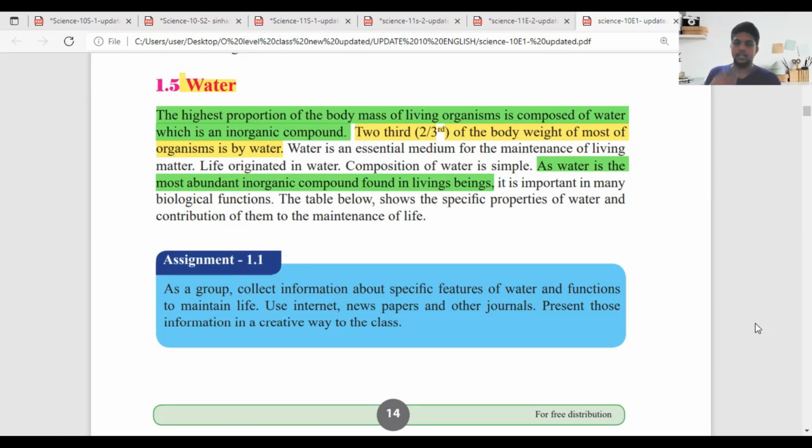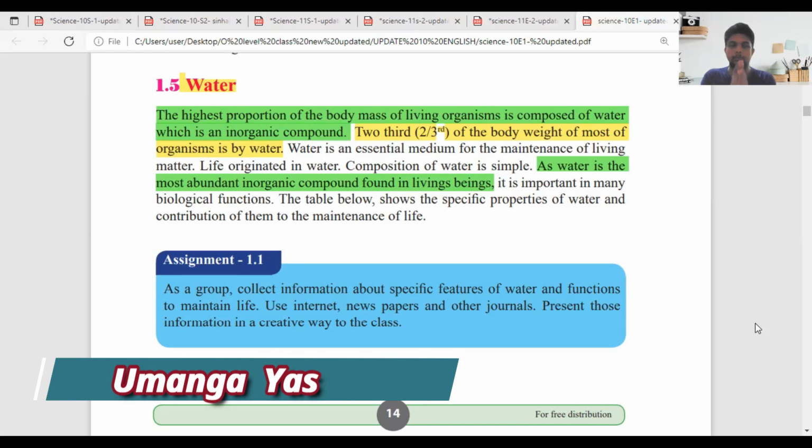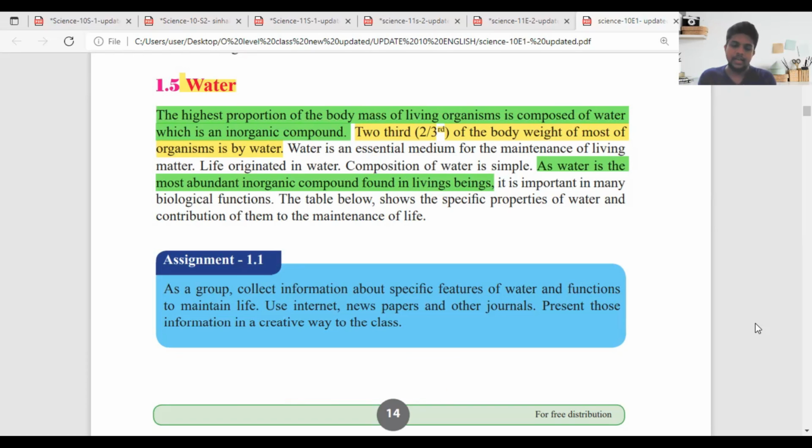Very good. So first of all, we have to identify and clarify what water is. When we consider the structure and chemical properties of water, it has the ability to keep living organisms alive.